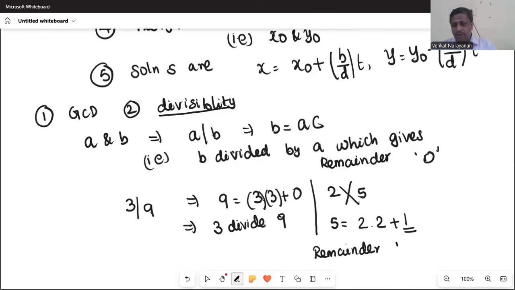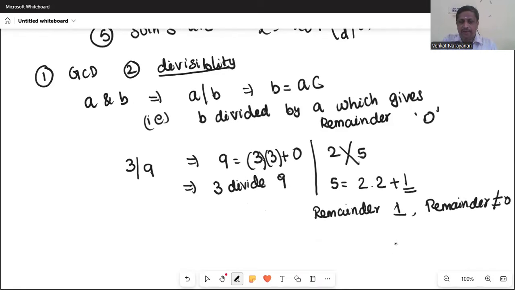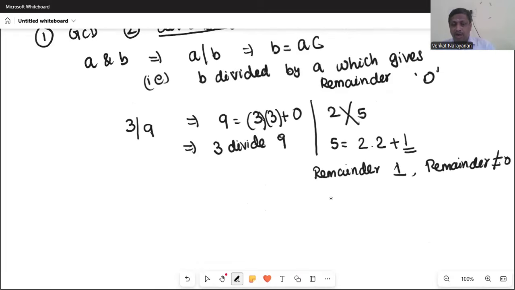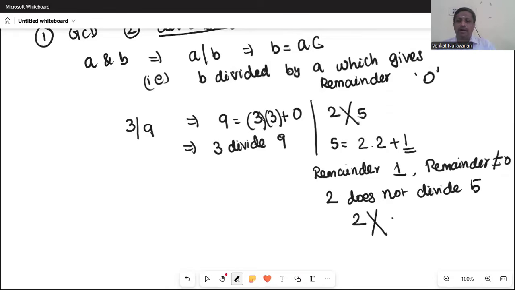By the divisibility concept the remainder must be 0, but it is not, therefore 2 does not divide 5.